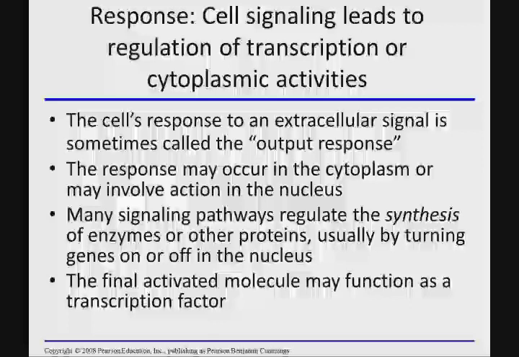So turning on those transcription factors, activating them, or turning on the genes that produce those transcription factors to activate certain genes is oftentimes the output response from these signal transduction pathways. All right? So the synthesis of an enzyme or other proteins, turning genes on or off in the nucleus, is kind of the end result, the output, the response that the cell is giving.